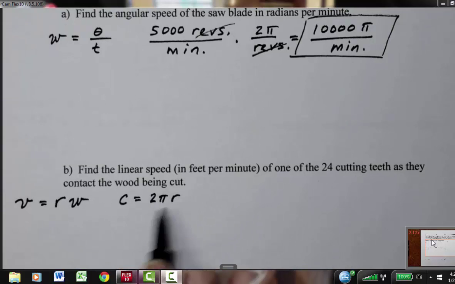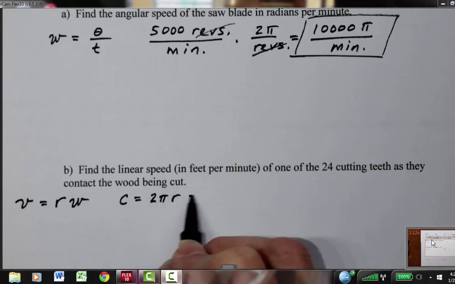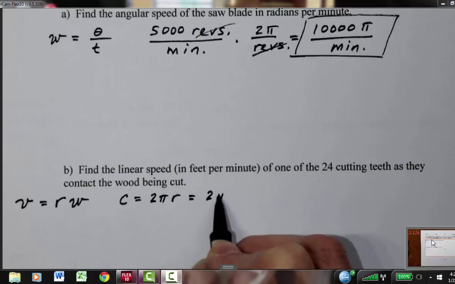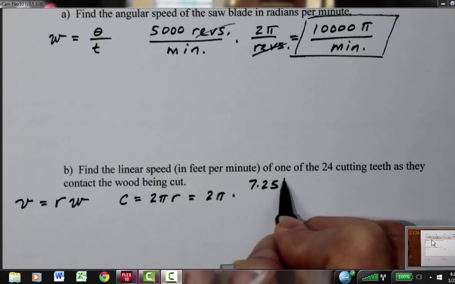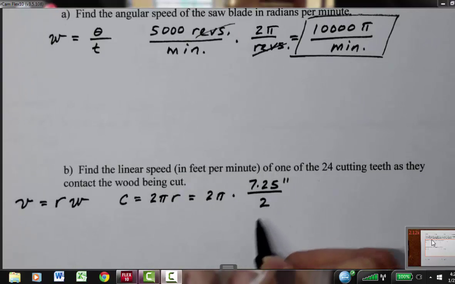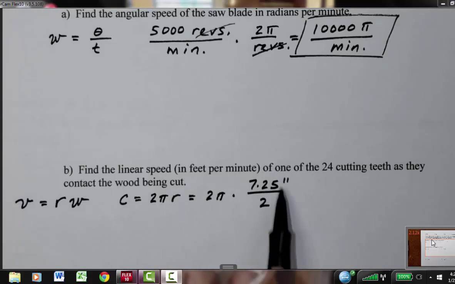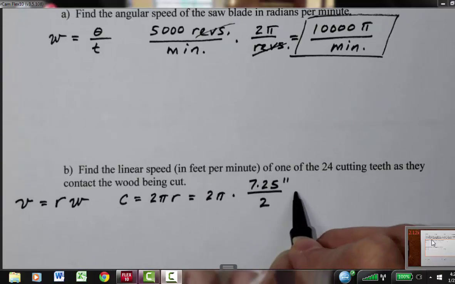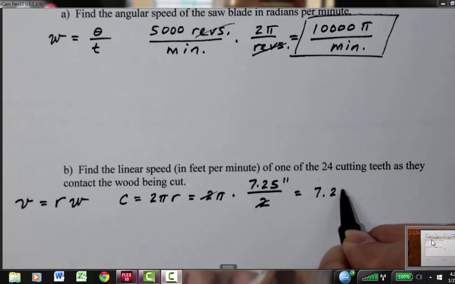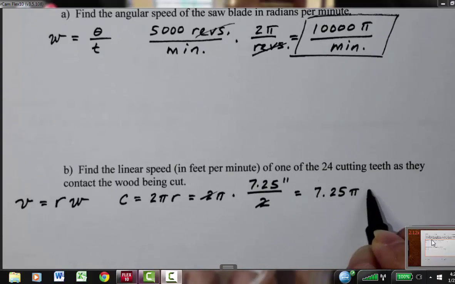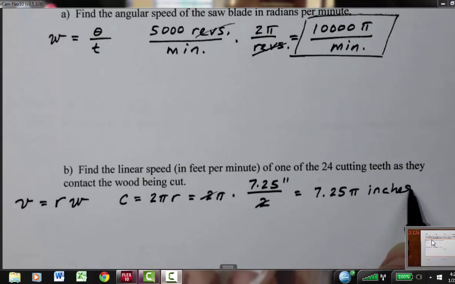So the distance that one of these teeth is moving is 2 pi times my r, which is 7.25 inches divided by 2. So this is the distance that one of my teeth covers each revolution. Notice that these 2's will cancel out, so I end up with 7.25 pi inches each revolution.